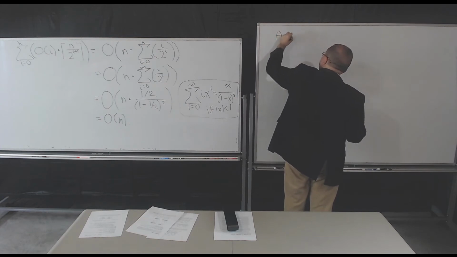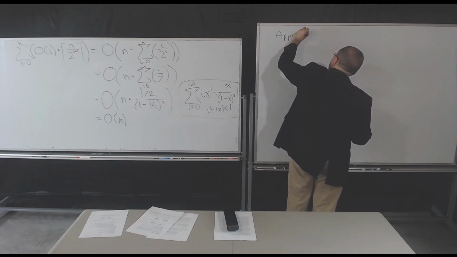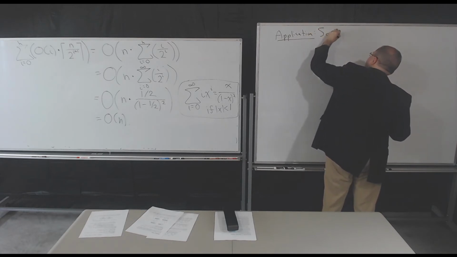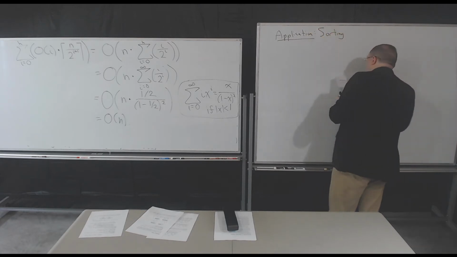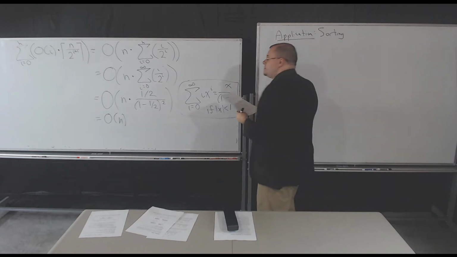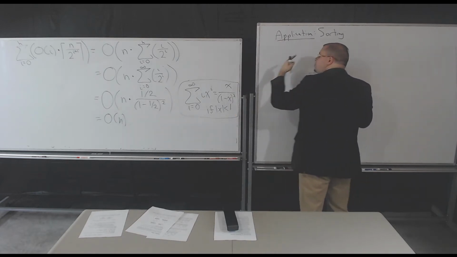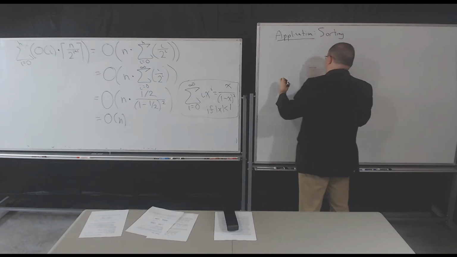I'm going to be fairly quick here. The notes go into more detail, but I'm going to be somewhat quick with this. So, how can you apply something like this to sorting?